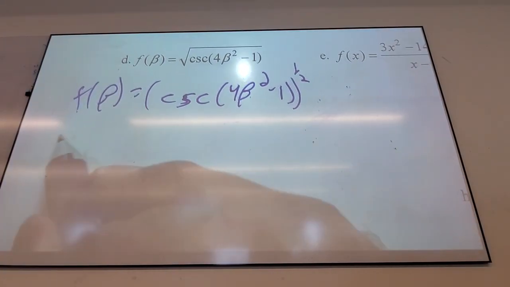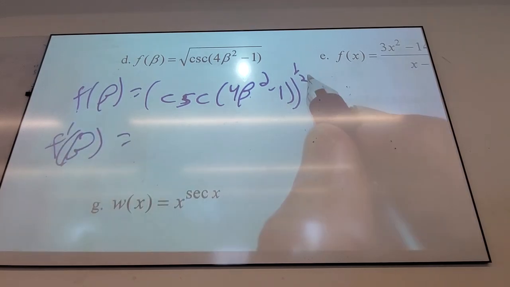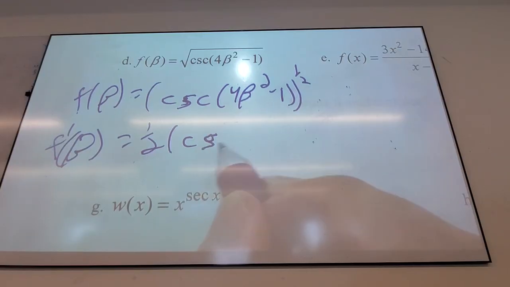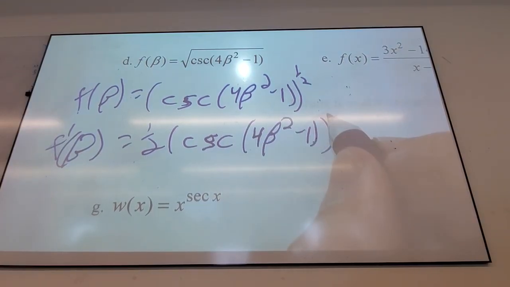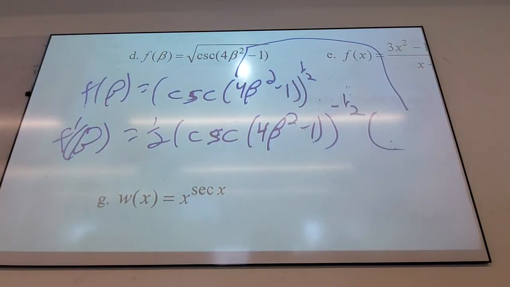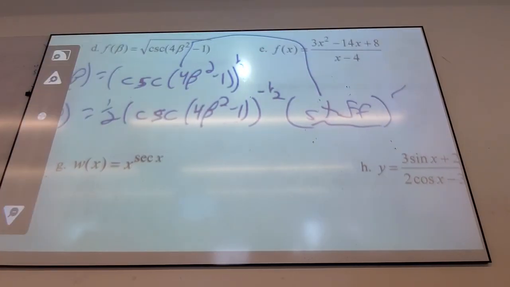So then when you start the derivative, what's the first step? Bring out that 1/2. Bring out your derivative. Take the 1/2 down. There we go. The stuff times the derivative of stuff. Is that okay for the first step?